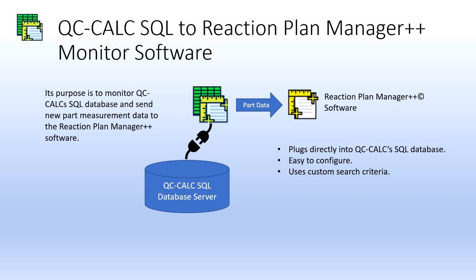So even though you're measuring the same part, I can send the data for machine A to the reaction plan for machine A, and I can send the data for machine B to the other solution.